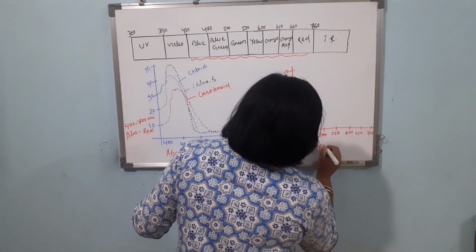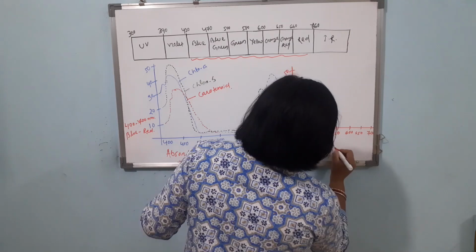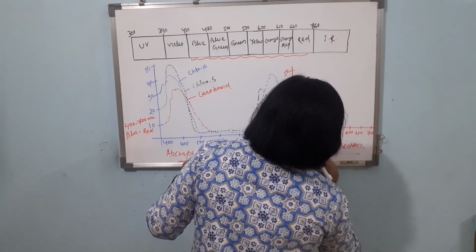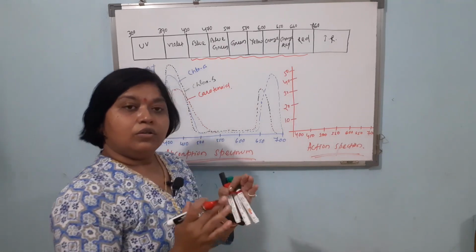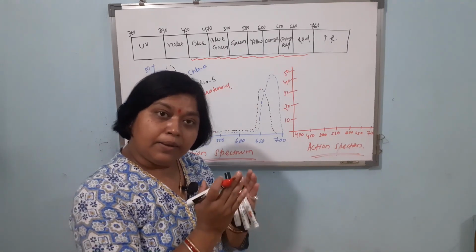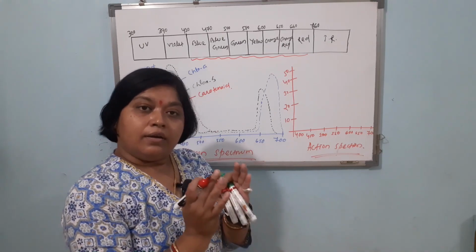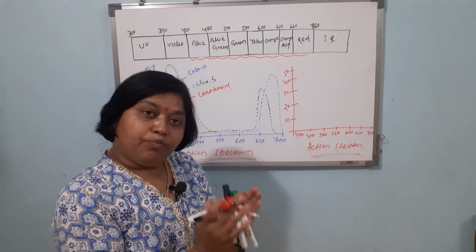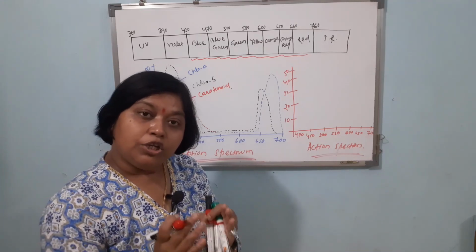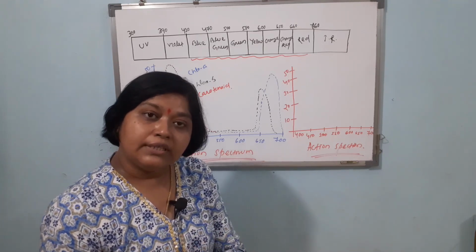This is the graph for the action spectrum. It has been found that the wavelength of light absorbed by pigment ranges between 400 to 700 nanometer and is used for photosynthesis.